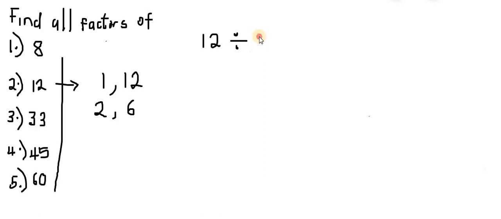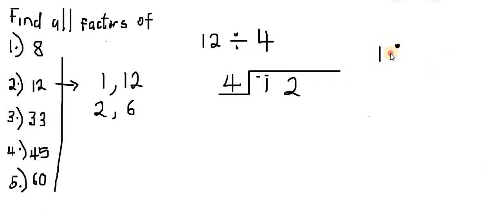So, to check 4 as a factor, I do 12 divided by 4. Okay, take first number first. 1 divided by 4. Okay, that's not going to work. 4 is bigger than 1, so put 0 there.